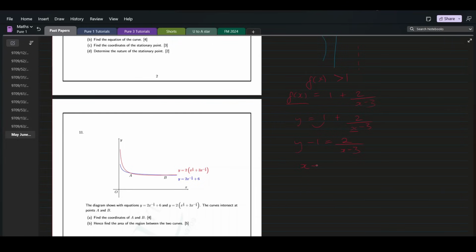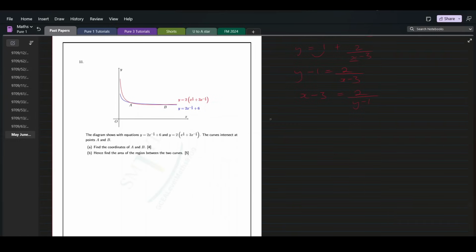And we can write this as x minus 3 is equal to 2 over y minus 1. And now we simply add 3 to both sides. So x is equal to 3 plus 2 over y minus 1. And that's our inverse. Let's write it with the correct notation. F inverse of x is equal to 3 plus 2 over, remember to then change this y to an x, minus 1.